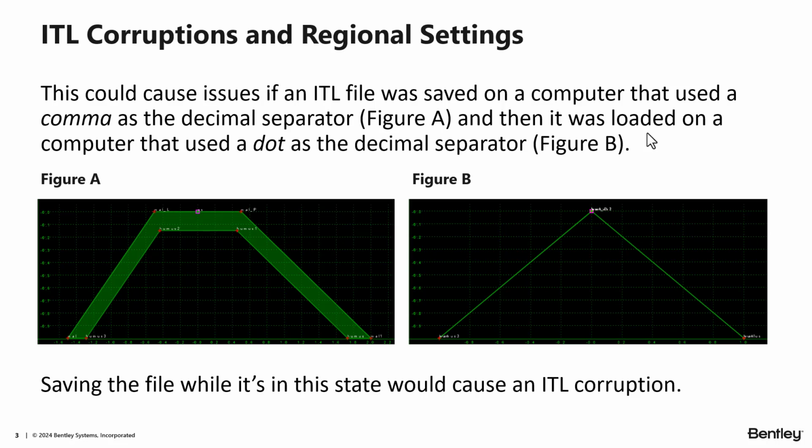As long as the separator in the regional settings matched what was in the ITL file, you were fine. But if you ever got a mismatch, you would see what we'd call flattening of the templates. It was unable to read the proper settings, and if you saved the file while it was in that state, it would cause an ITL corruption.